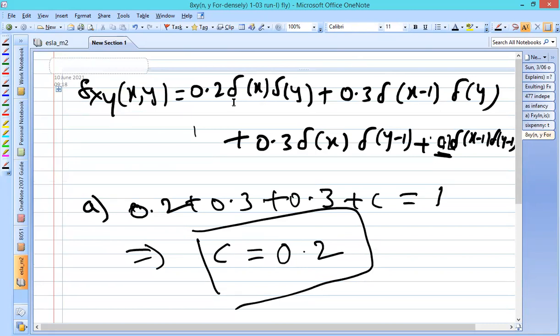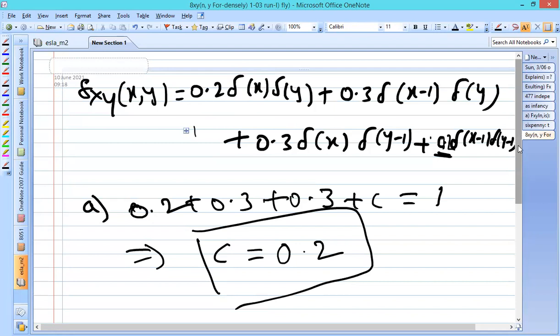We need to write all the terms including the unit delta function which is a function of the independent variable x. Whenever you write the equation for the marginal PDF for the random variable x, you need to include all these terms along with the delta function which is a function of the independent variable x.